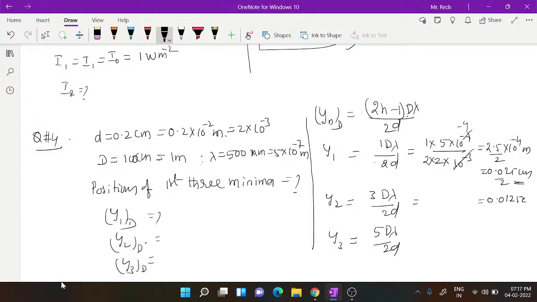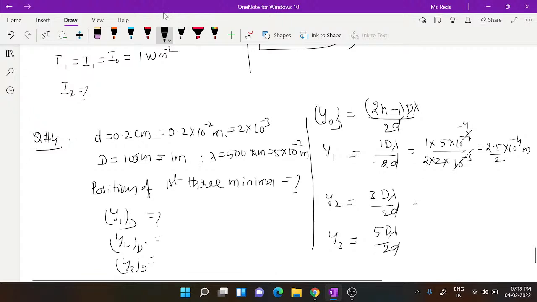The unit conversions, look into this carefully. So 2.5 by 2, 10 power minus 4. So what you are getting is, sorry, I did something wrong here, right?